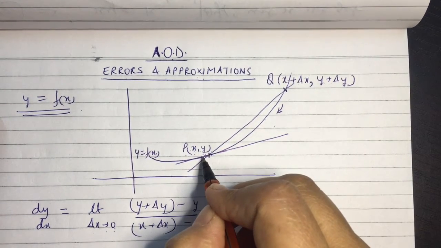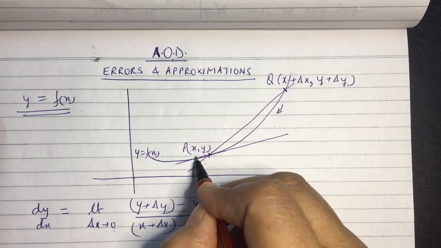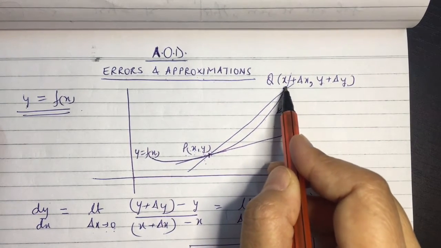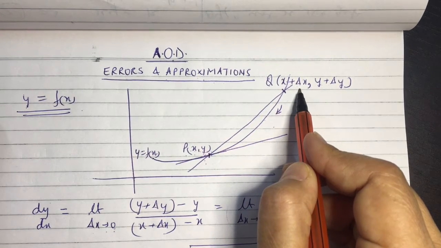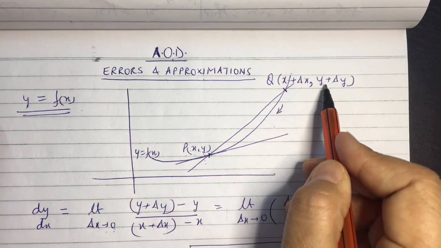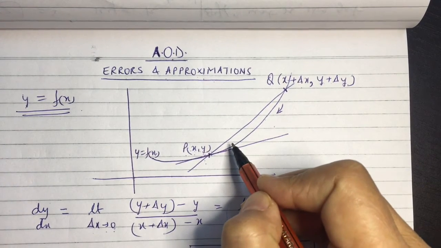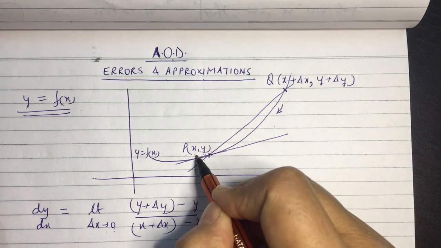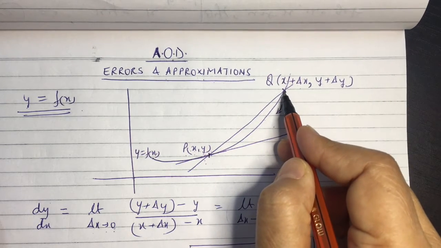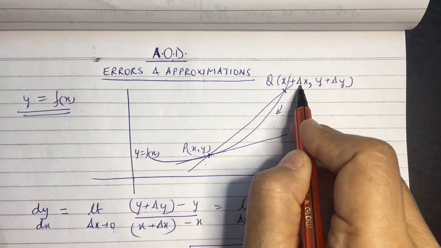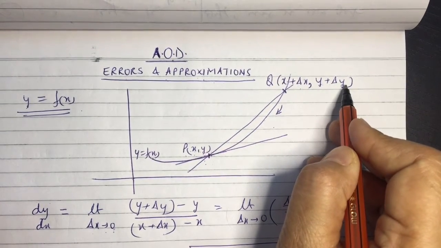If we give a small increment delta x to x, so that the new point has the x coordinate x plus delta x, the corresponding y coordinate will become y plus delta y. So on giving a small increment delta x to x, we reach another point Q having coordinates x plus delta x, y plus delta y.